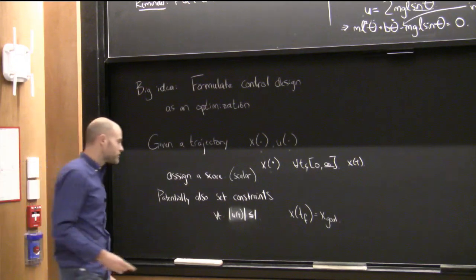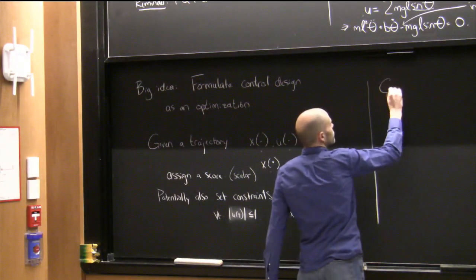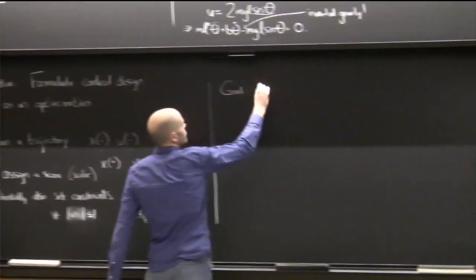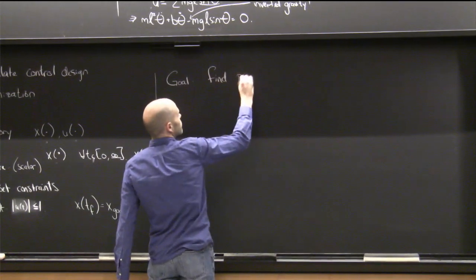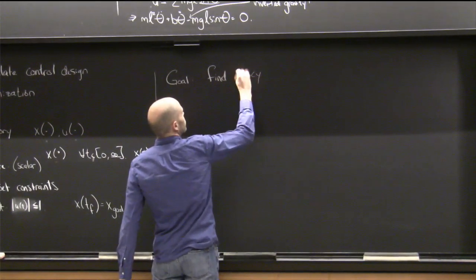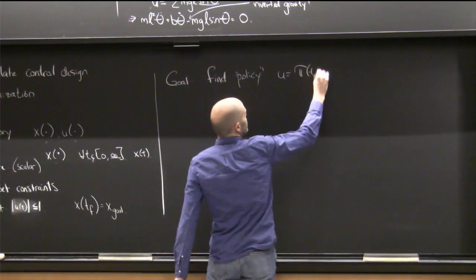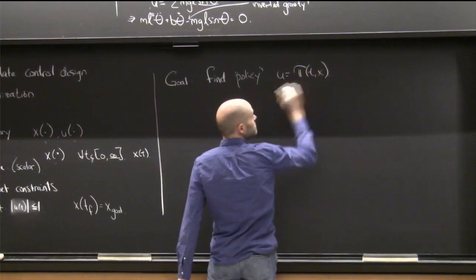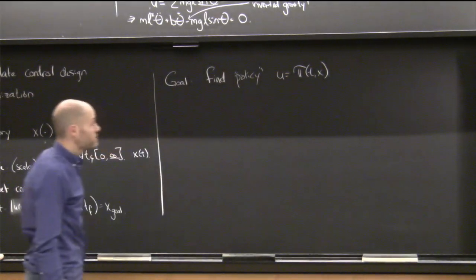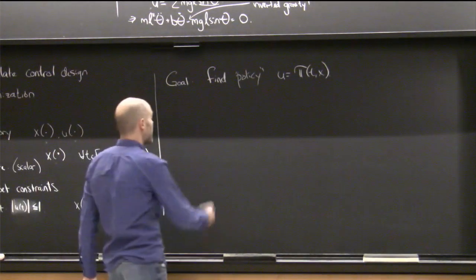And our goal is to find a policy, which we will get pretty far by thinking of as a function of time potentially, state potentially. But we want to find a function that optimizes that score.